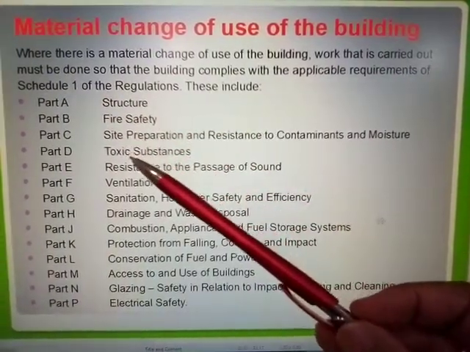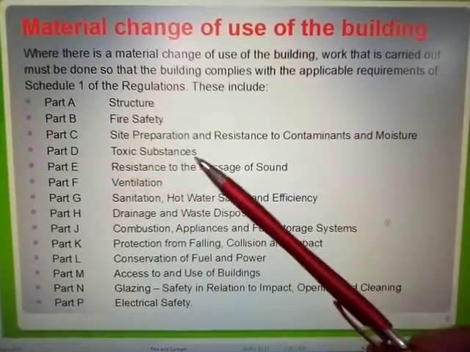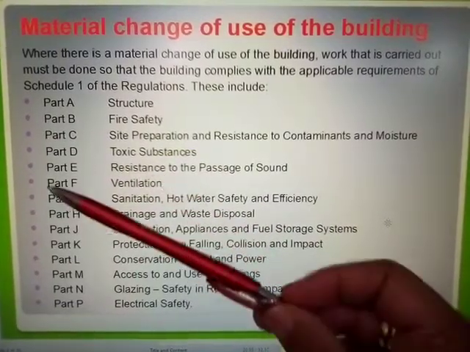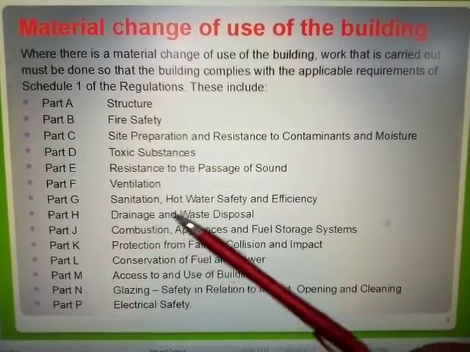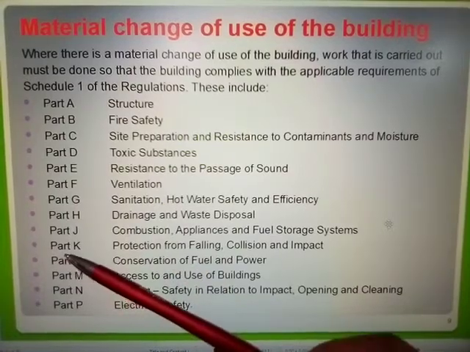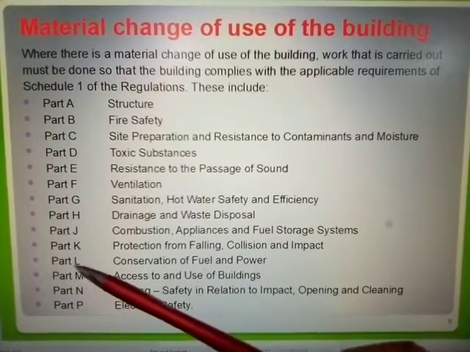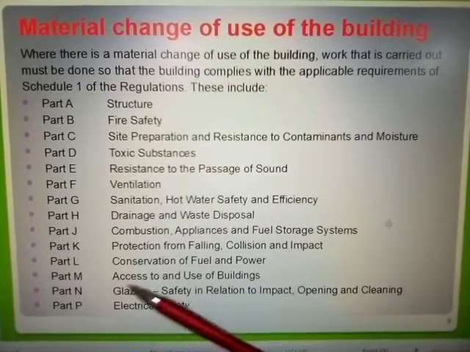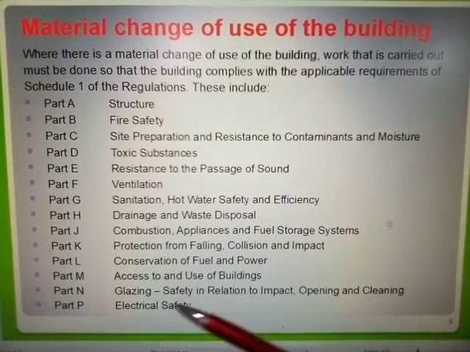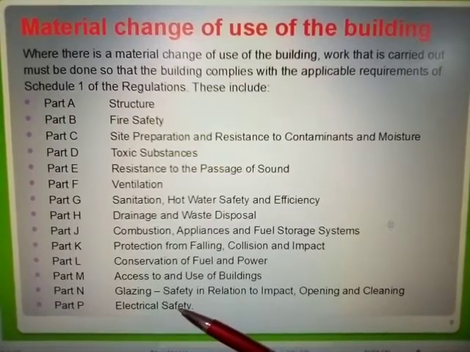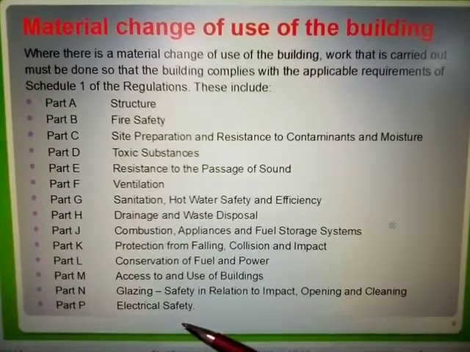These include Part A, structure; Part B, fire safety; Part C, site preparation; Part D, toxic substances; Part E, resistance to the passage of sound; Part F, ventilation; Part G, sanitation; Part H, drainage; Part J, combustion appliances and fuel storage systems; Part K, protection from falling; Part L, conservation of fuel and power; Part M, access to and use of buildings; Part N, glazing, safety in relation to impact, opening and cleaning; Part P, electrical safety.